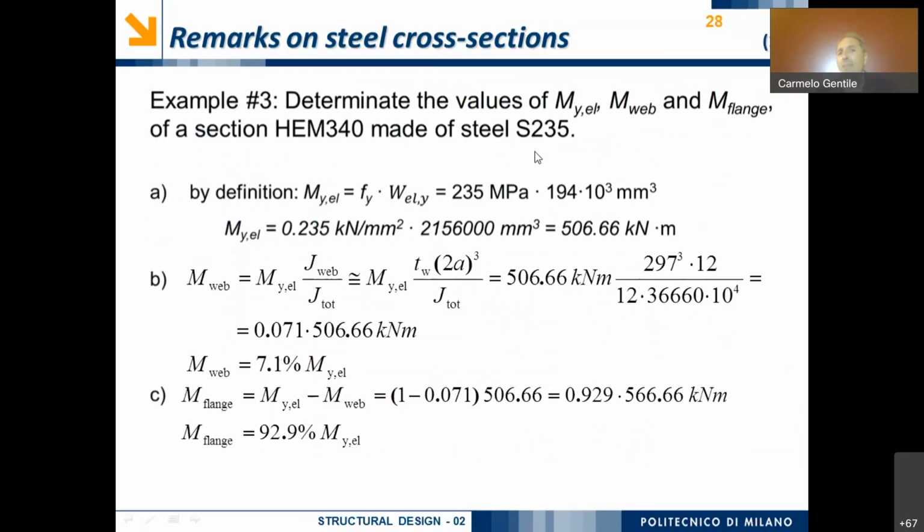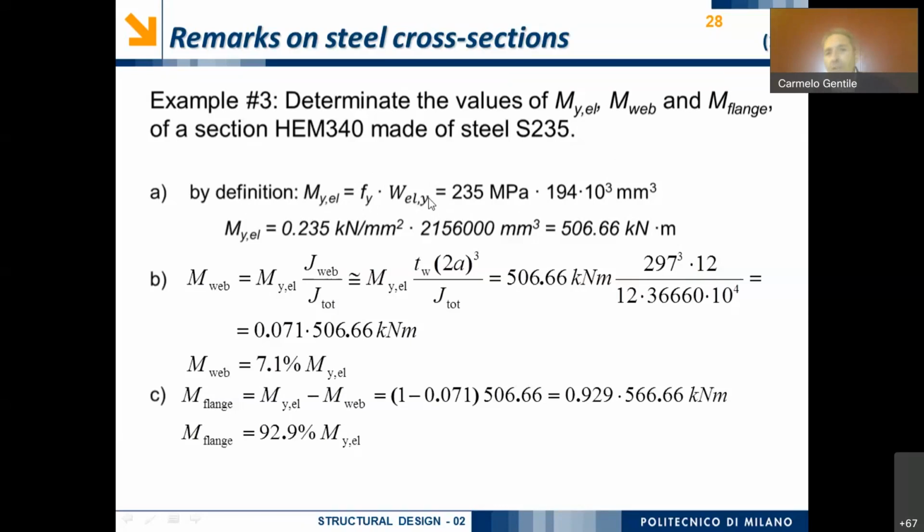And we have already commented on the fact that we assume the beam is made of steel called S235. In this class of steel, the value 235 is the yielding stress, okay? So by definition, the yielding bending moment is equal to the yielding stress, 235 megapascal, times WEL.